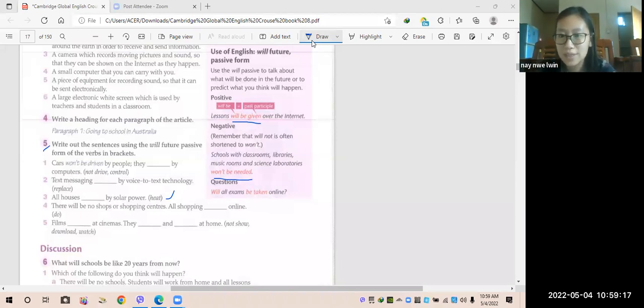Sue is the subject, right? It's not an object. So if you want to use passive, in the subject place it has to be the object, not the subject. In the sentence, Sue will go to the market, Sue herself is the subject. It is not an object. So that is how we use passive tense. Is that clear?